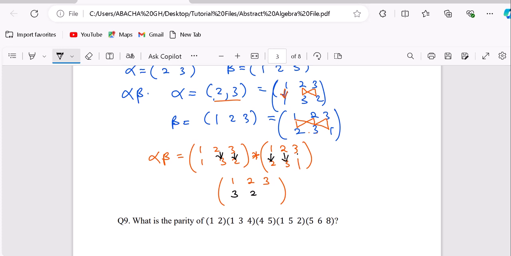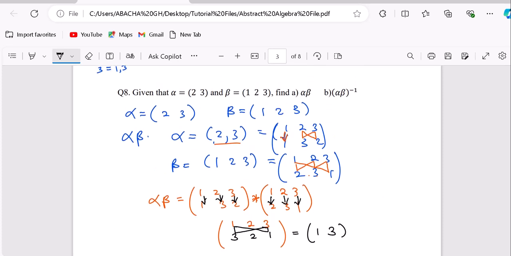Now 3 goes to 1, and 1 goes to 1, so the third element goes to 1. Rewriting this, 1 goes to 3, and 2 is fixed. So we have (1, 3) as our element. So we have composed it.